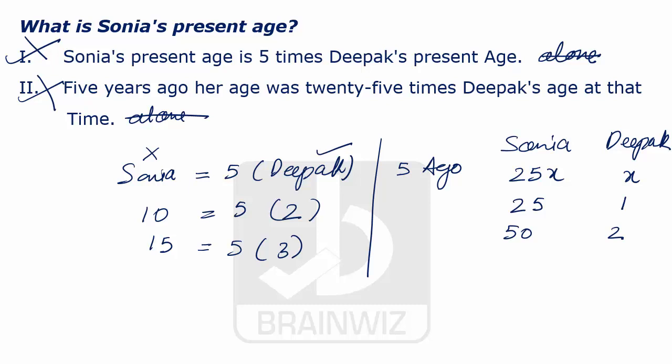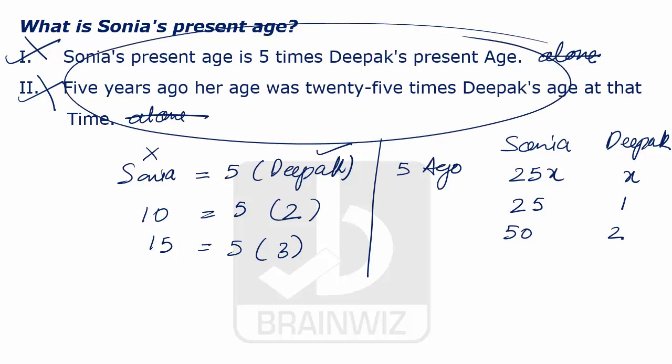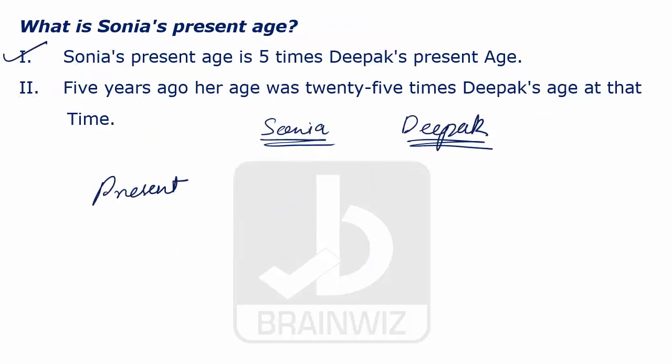Now we try to combine these two statements and check whether the answer is possible or not. If it is possible, then E is the option. If it is not possible, D is the answer. From the first statement, Sonia's age is 5 times Deepak's present age.